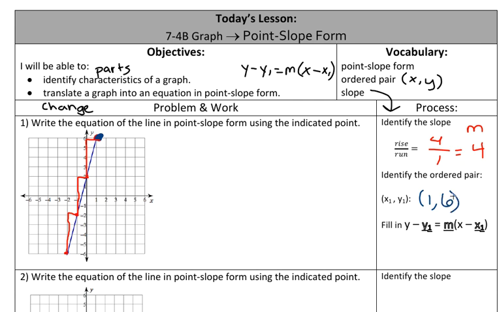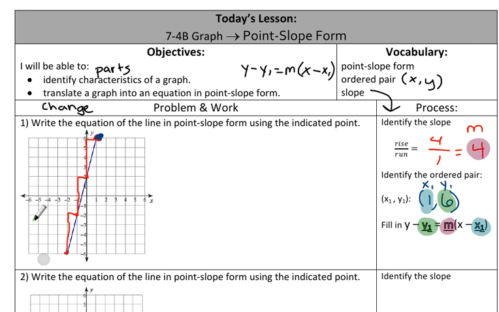Okay, so remember this is my x1, y1. Okay, so I have my m is my slope, that's going to be my 4. I have my x1, which here is 1, and I have my y1, which is 6.